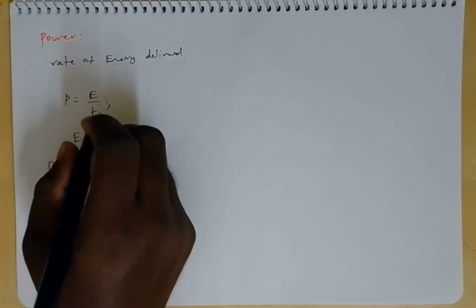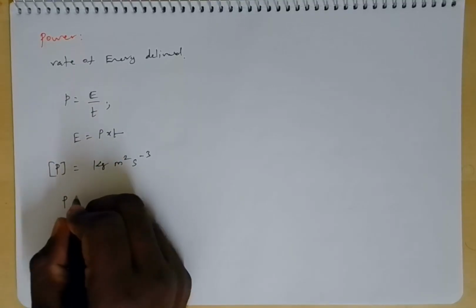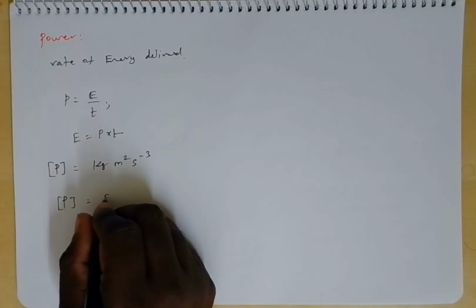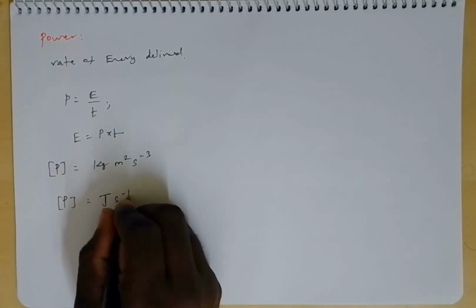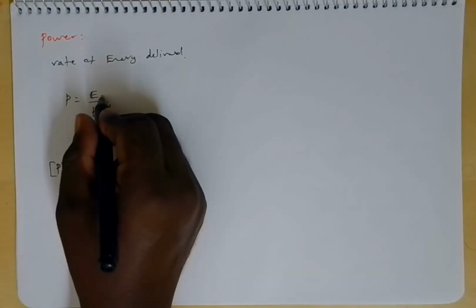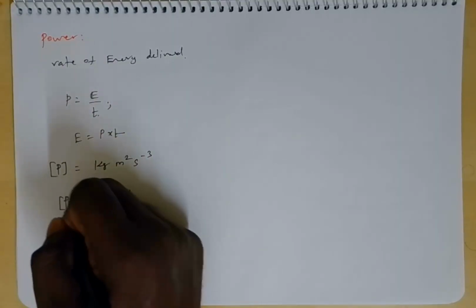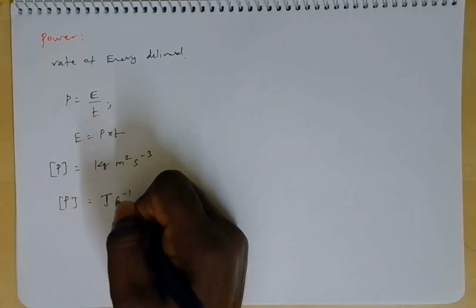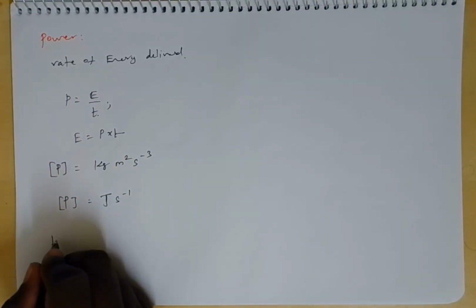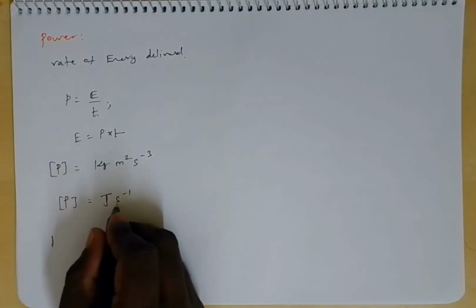Or power is given as joule second inverse. Energy is joule, time is second, so power is joule per second. This is the SI unit of power.